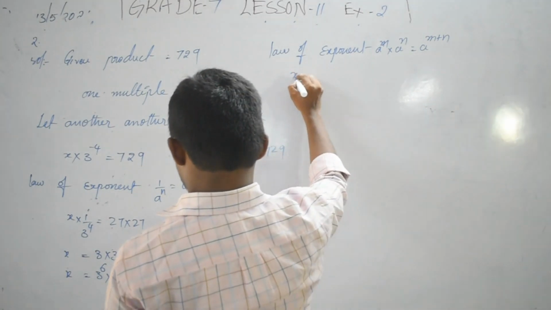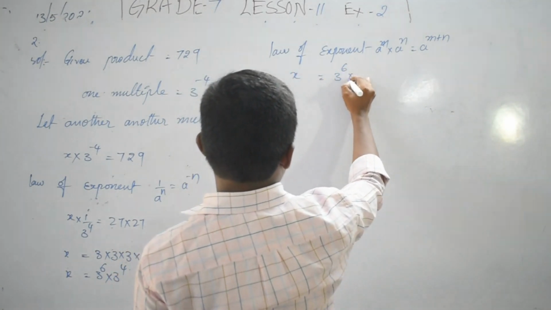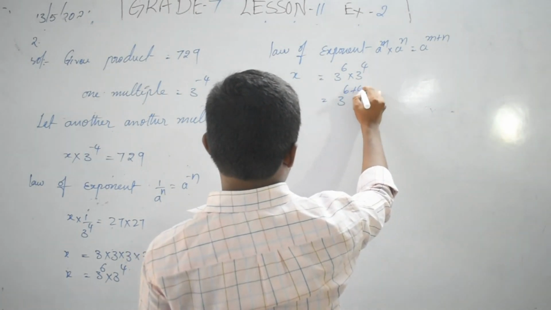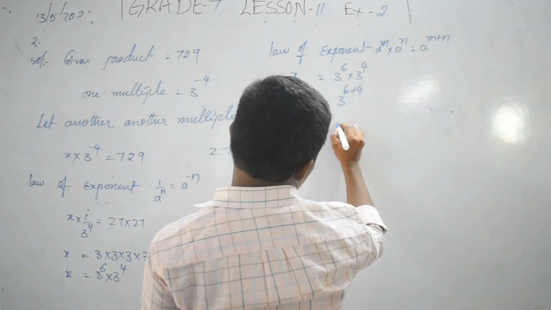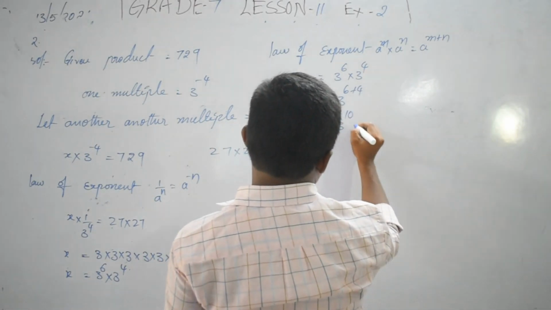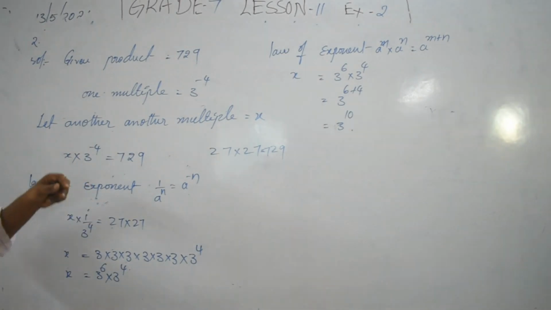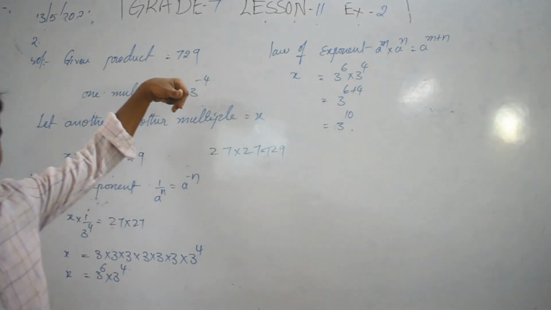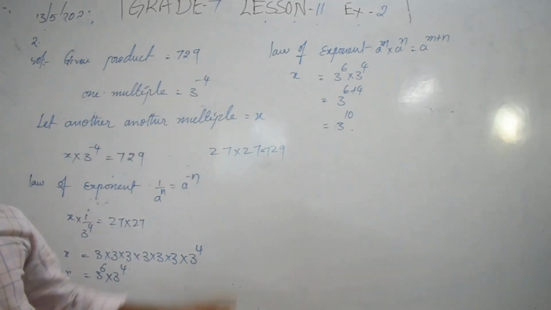Now x equals 3 power 6 plus 4, 3 power 10. So one multiple is 3 power 10, the other multiple is 3 power minus 4.